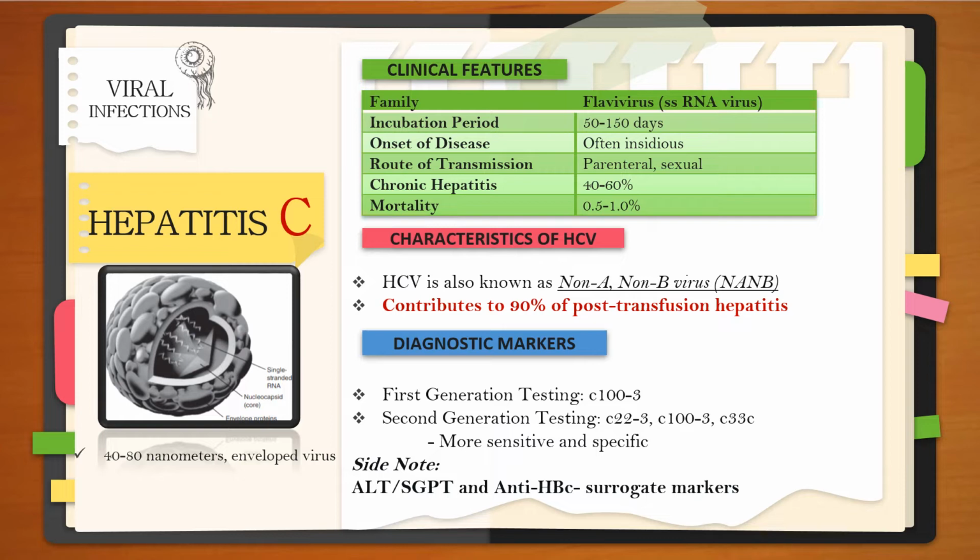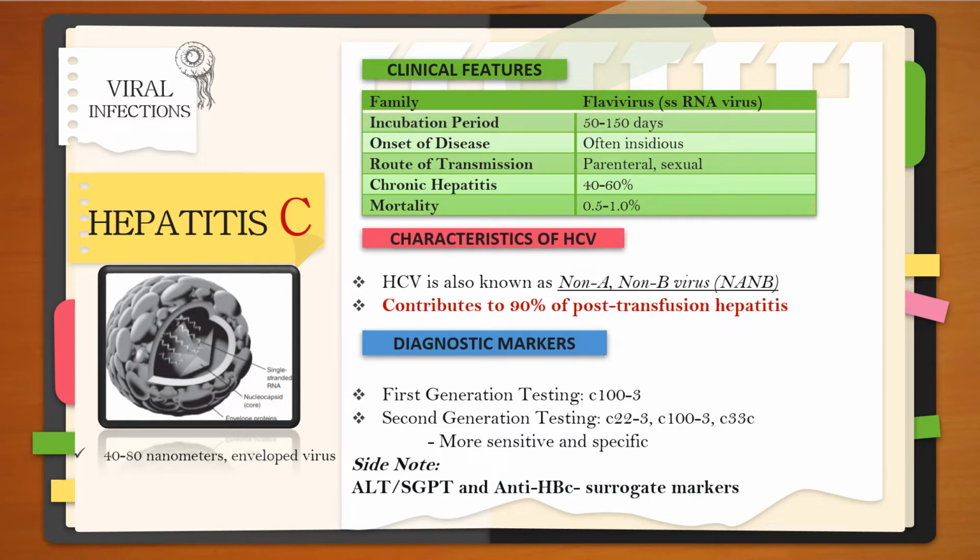It contributes to 90% of post-transfusion hepatitis, and that is according to our reference Henry's. And according to statistics recorded in our medical literature, as of to date, hepatitis C is elusive and is a more serious problem compared to hepatitis B.